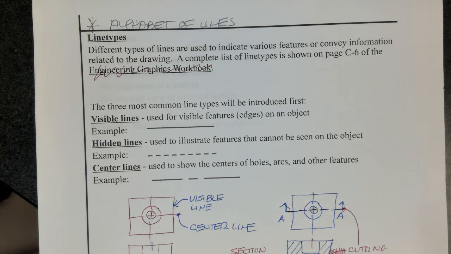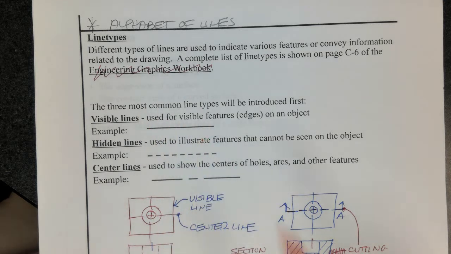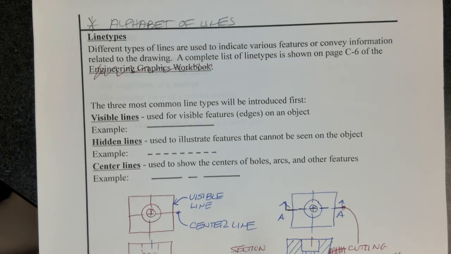Today we're going to focus on 3: the visible line, the hidden line, and the center line. The visible line is used for the visible edges of the part. Hidden lines are used to illustrate features that you cannot see. Okay? And then center lines indicate the exact center of the hole and the arcs and other rounded features.